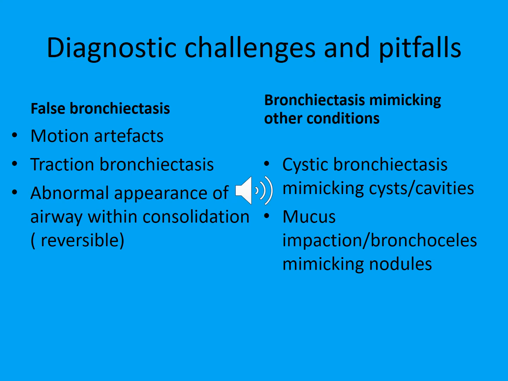The airways within consolidation can have abnormal appearances, but these shouldn't be called bronchiectasis as they frequently resolve after the resolution of the consolidation. Bronchiectasis also may mimic other conditions, such as cystic bronchiectasis frequently being reported as cysts or cavities, and mucus impaction bronchoceles being reported as pulmonary nodules.